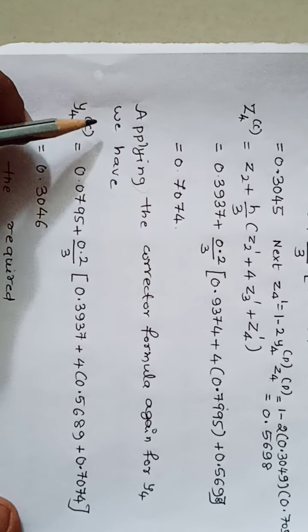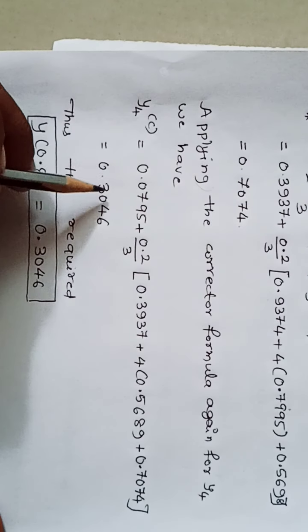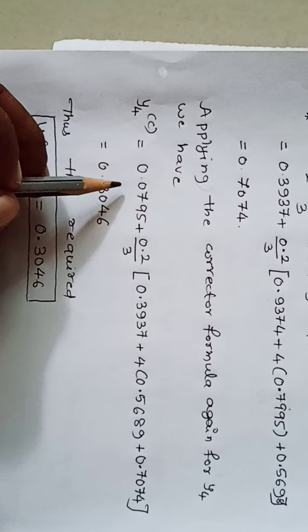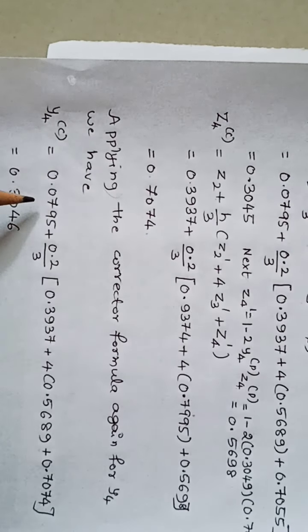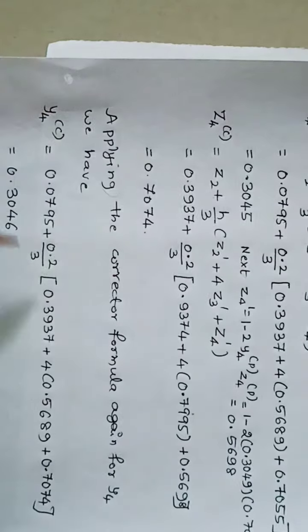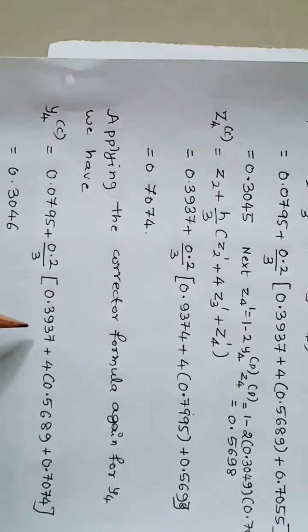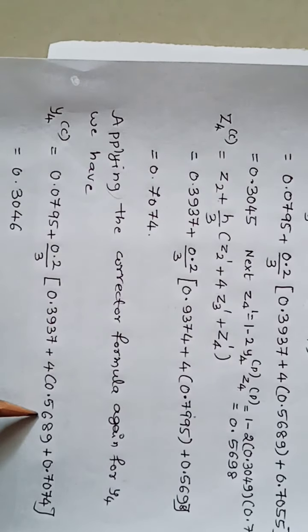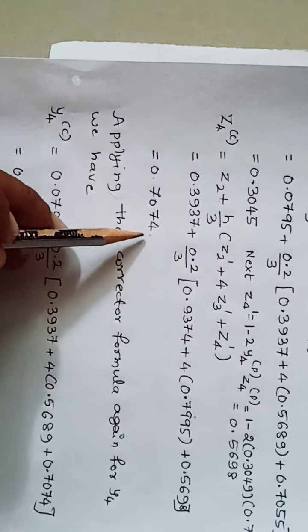0.7074. Applying the corrector formula again for y4, we have y4 of c is equal to 0.0795 plus 0.2 divided by 3 times 0.3937 plus 4 into 0.5689 plus, in place of this, the latest value we have to insert.